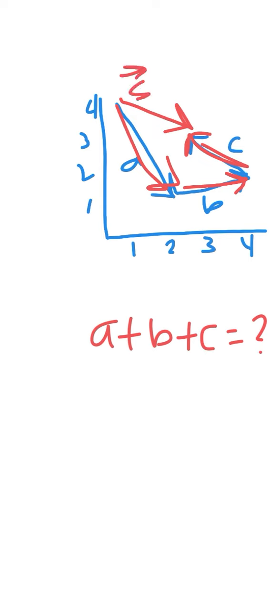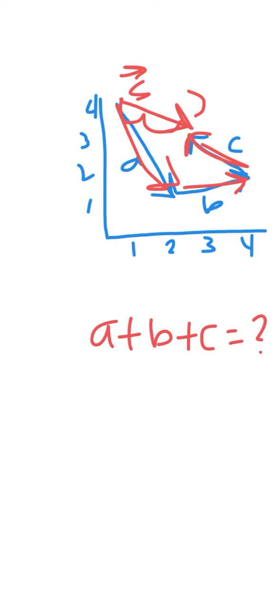So we can see that vector S goes 2 units in the positive x direction, and 1 unit in the negative y direction.